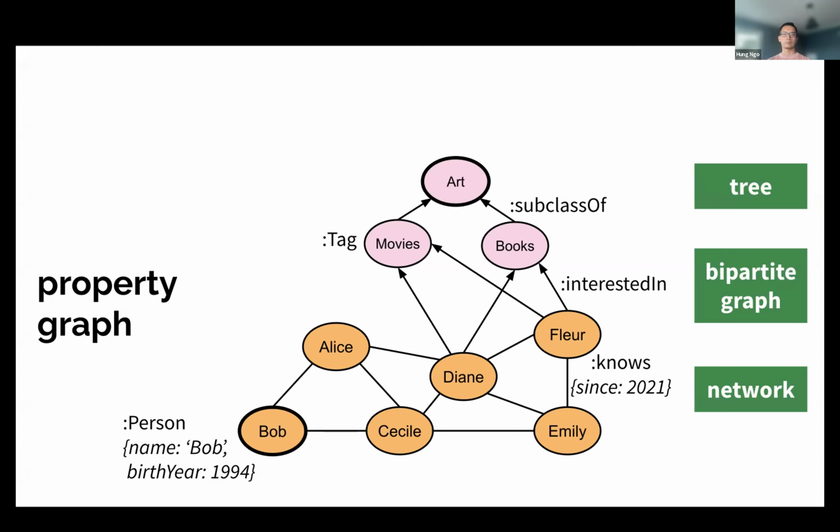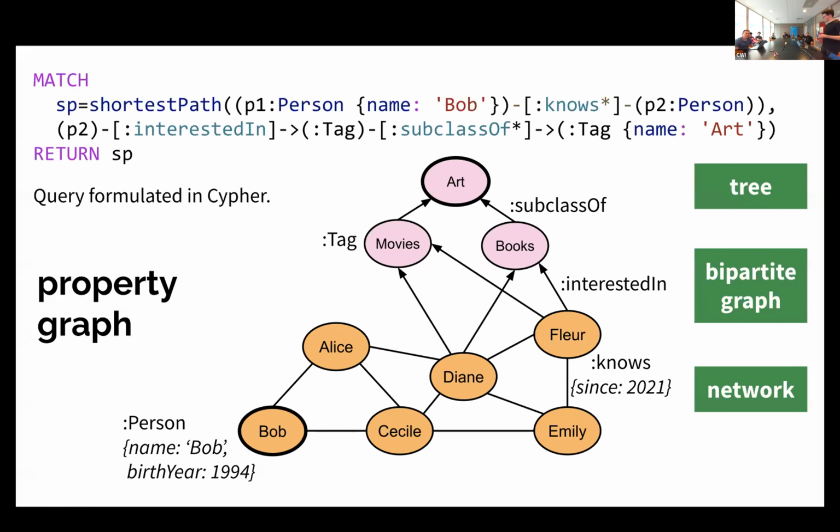For example, we have this person, Bob, and Bob may be interested in some sort of an art topic, but regrettably, Bob doesn't have any immediate friends who are interested in art. So we use the power of graph queries to help Bob. We formulate a query in Cypher, which is a popular graph query language, and you can see the query above. The query says we are interested in shortest paths that start in Bob, do an arbitrary number of hops, and then end in P2, which is another person.